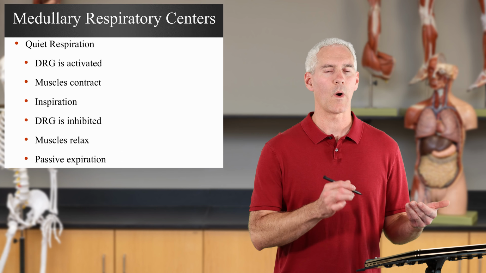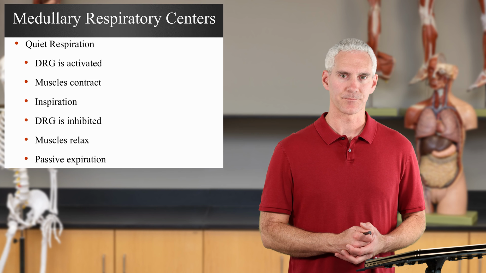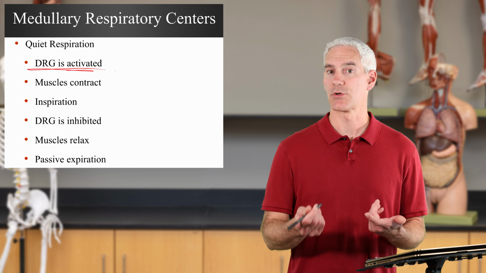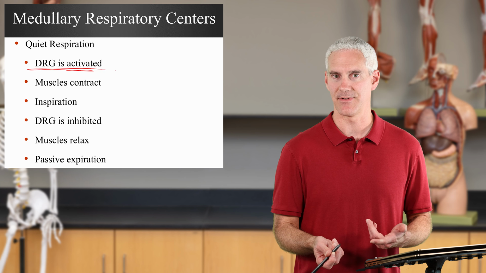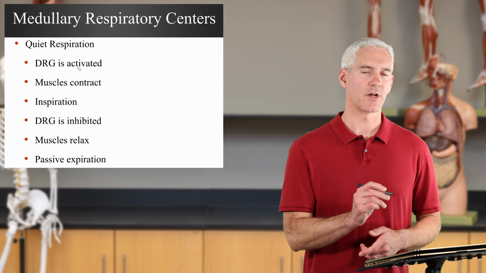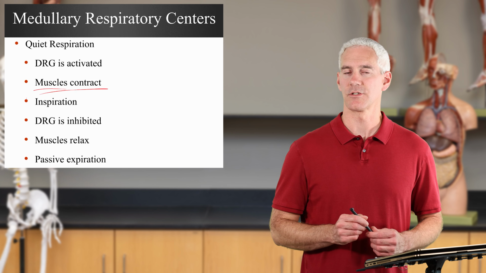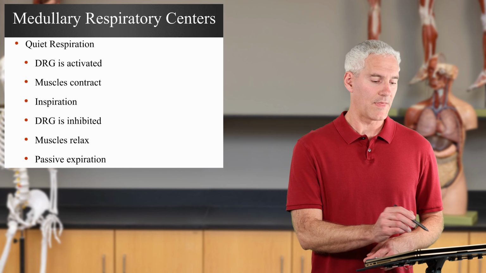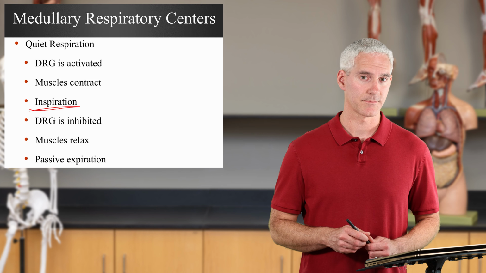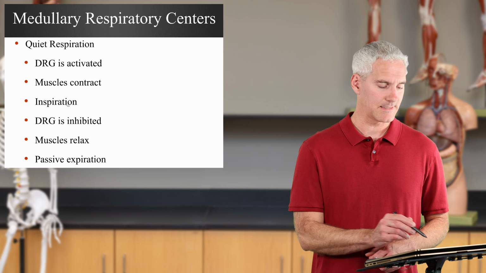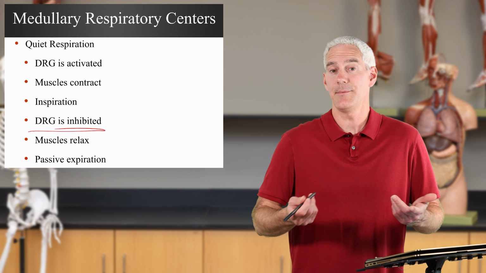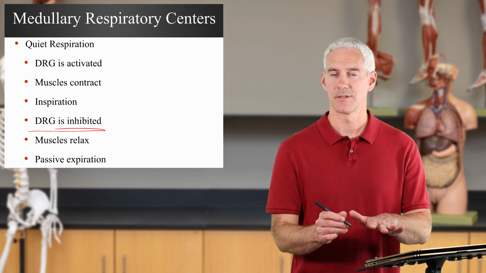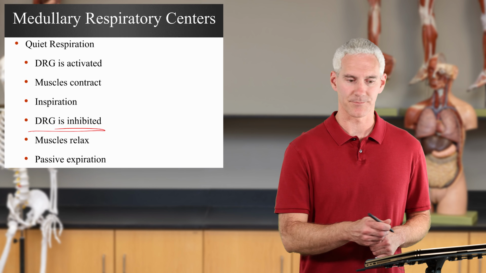So let's look at quiet respiration. What happens? First of all, in quiet respiration, the DRG, dorsal respiratory group, is activated. That's going to start everything off. It causes your muscles to contract, primarily your diaphragm. That causes inspiration to occur. Then after that, the DRG is inhibited. It says, don't send a signal, stop. Don't cause inspiration.